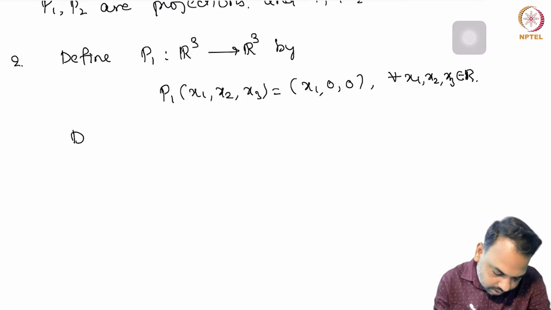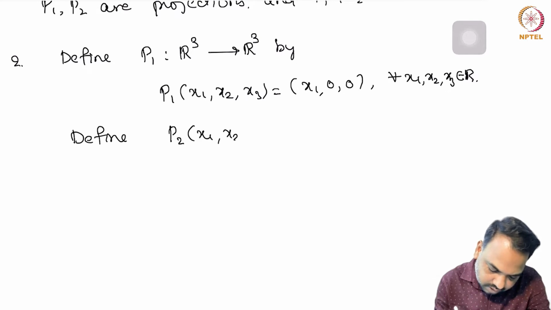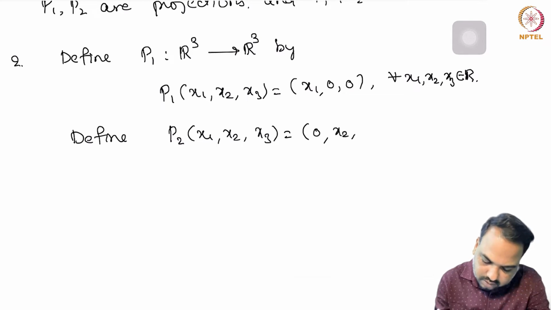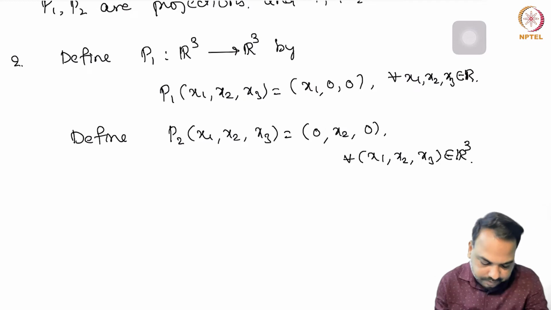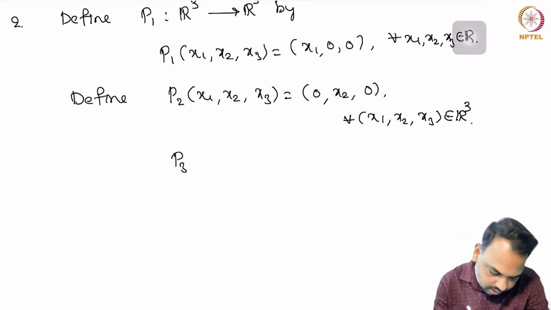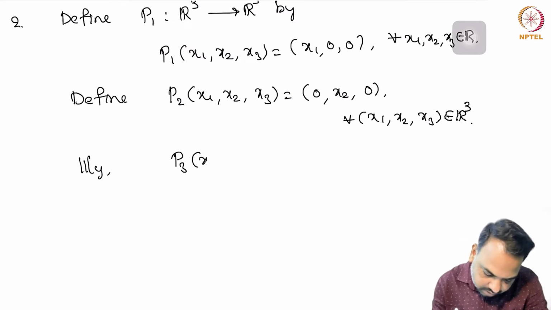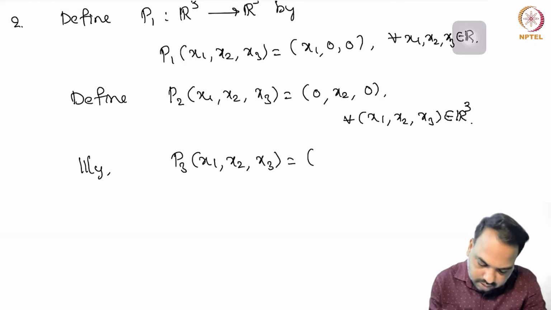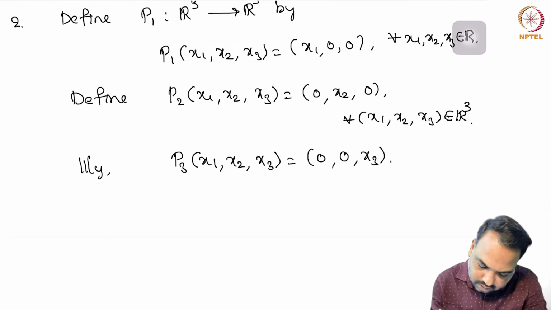Similarly define P2 of (x1, x2, x3) as (0, x2, 0) for all x1, x2, x3 in R3. And similarly we can define P3 of (x1, x2, x3) as (0, 0, x3) for all x1, x2, x3 in R3.